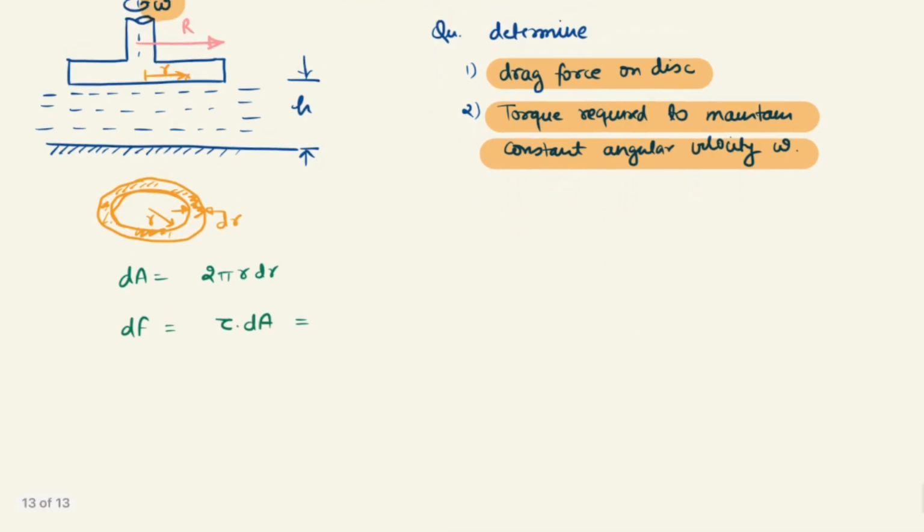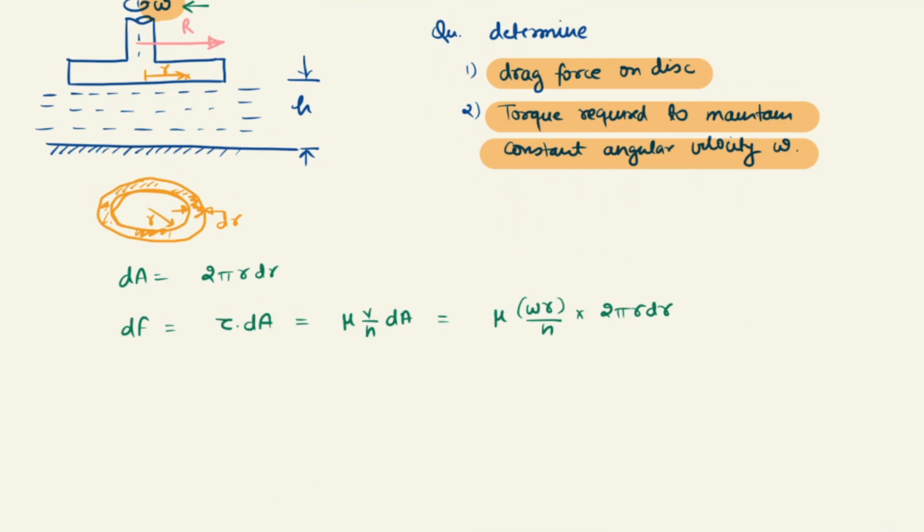Assuming that it's a Newtonian fluid, we are applying this equation: mu v by h into dA. What is going to be v? Since it is rotating with a constant angular speed omega, we can simply take v equal to omega r. So it is mu omega r by h, and substituting the value of dA, we get 2 pi r into dr.